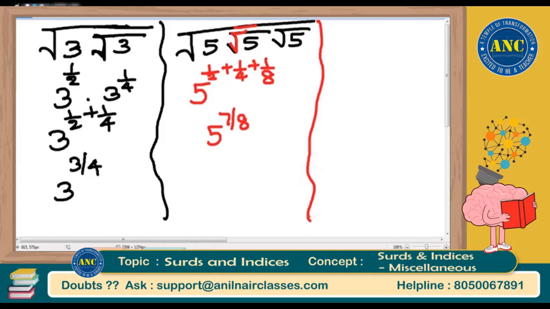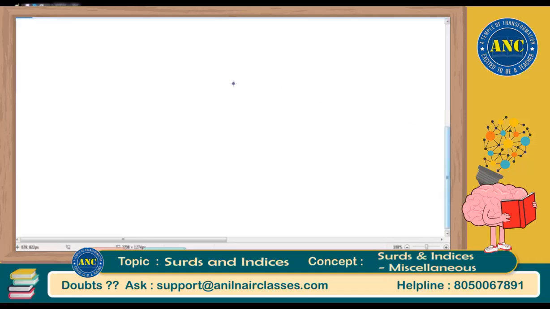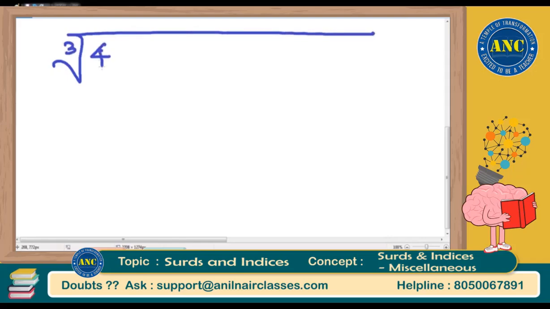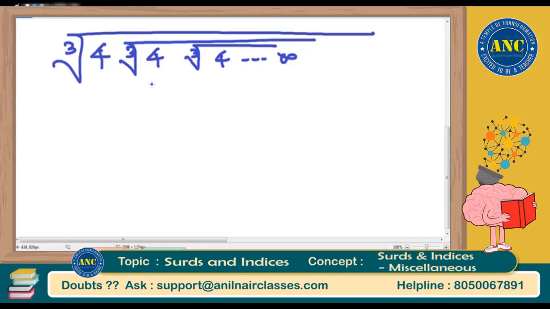Suppose for example I have cube root inside instead of square root which we solved. Suppose my question is cube root of 4 into cube root of 4 into cube root of 4, and it will keep continuing. It is only 3 terms here.